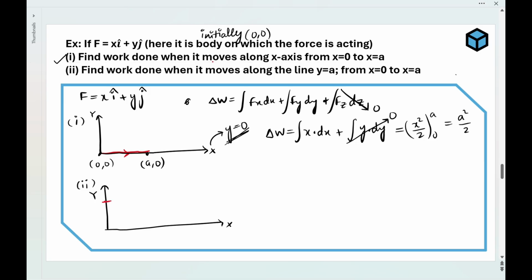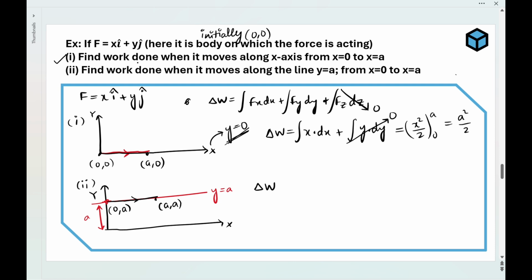So this is the line y equal to a. Let's say this is at distance a. So you are eventually moving in a straight line from 0, a to a, a. I hope you understand. So this is our trajectory over here.